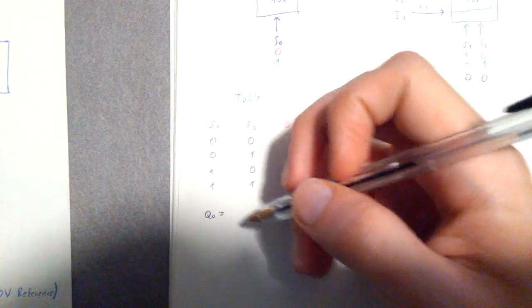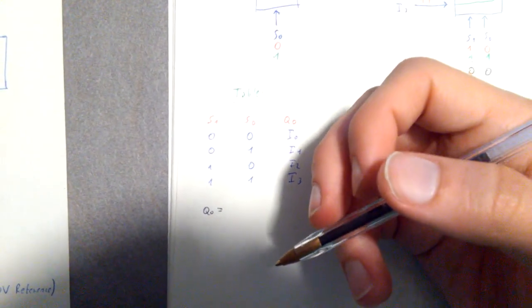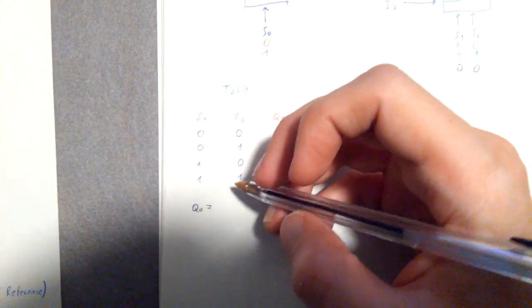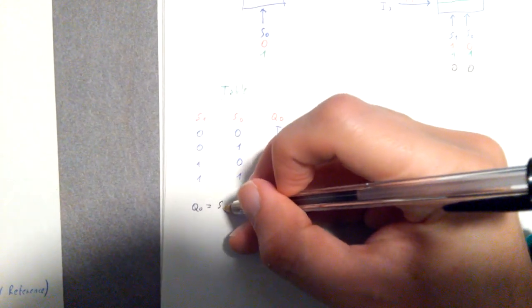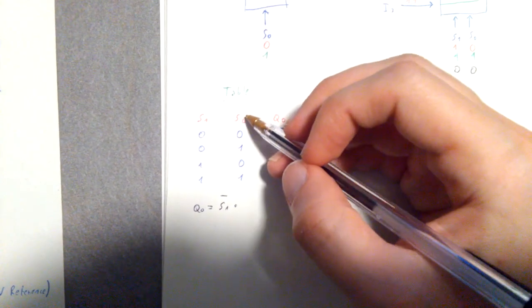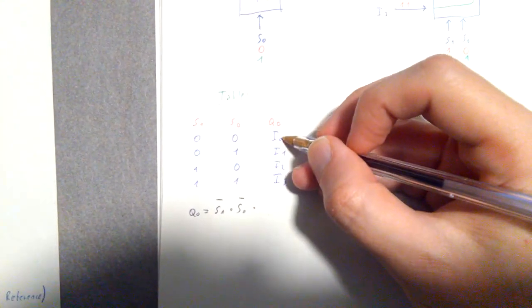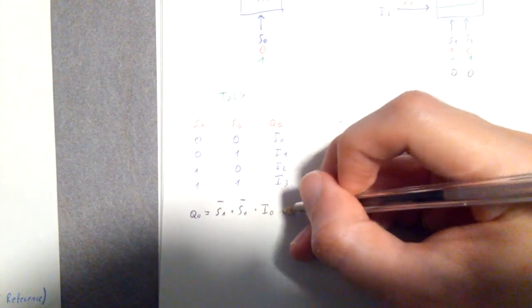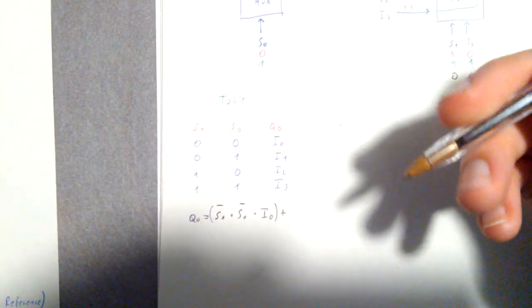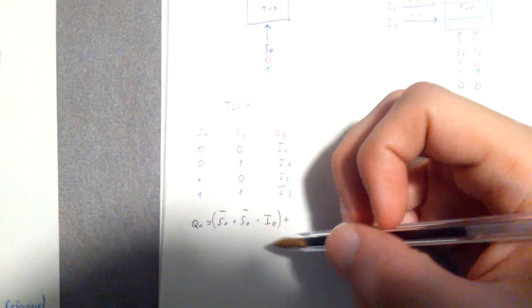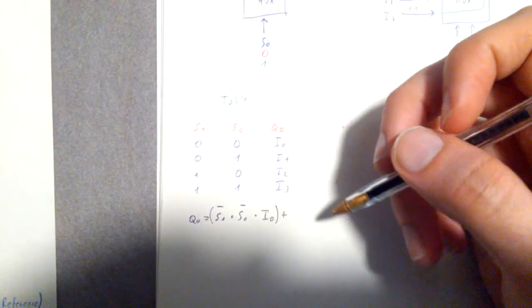If I'm going to write this in terms of mean terms, just like I did when I was using mean terms with the truth table, I will say, okay, so S1 is 0, so S1 naught times S0 is 0, so S0 naught times I0, plus, this is a product of the sum of products form for the mean term.